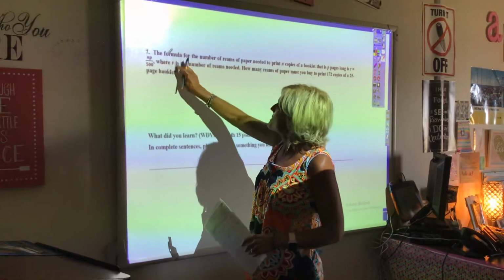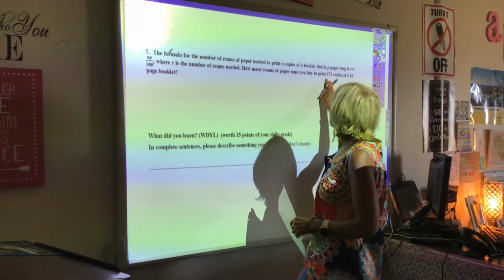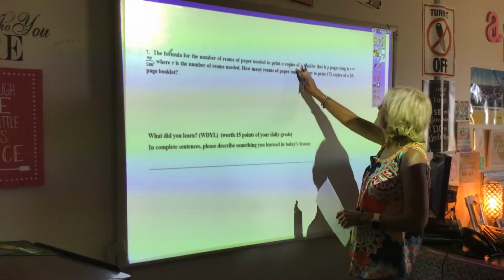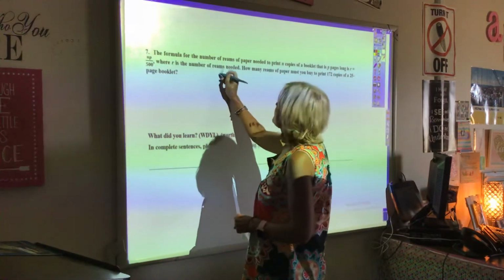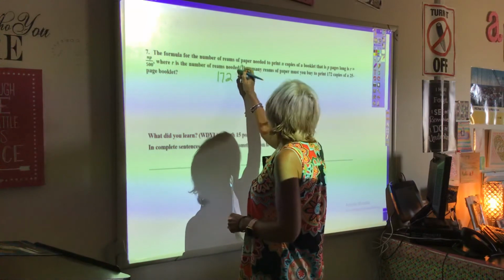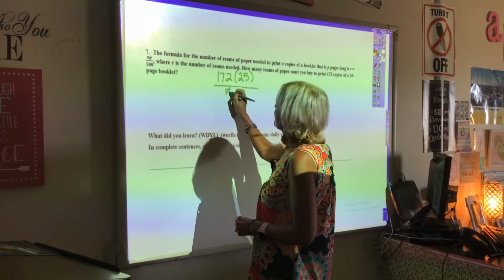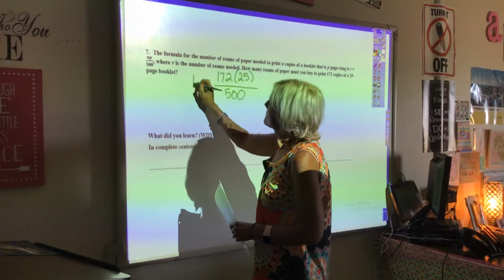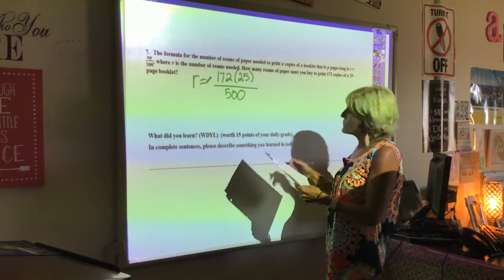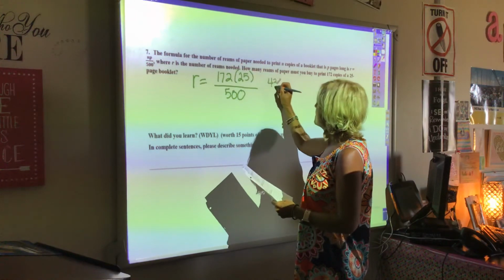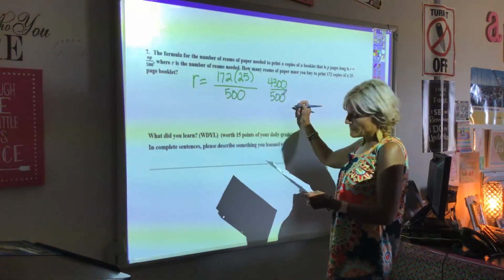So, R is the number of reams needed. How many reams must we buy to print 172 copies, so that's our N, of a 25-page book, that's our P. So we would have 172 times 25, all divided by 500, gives us our R. So when we multiply, we're going to end up with 4,300 divided by 500.